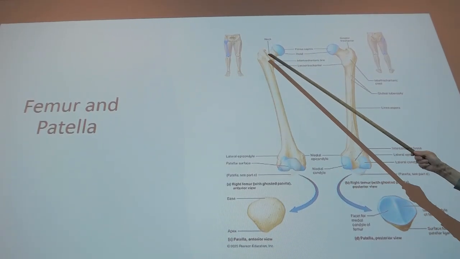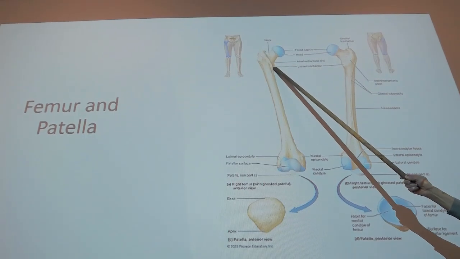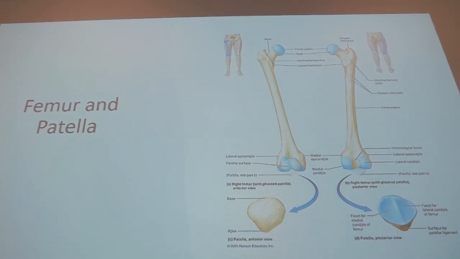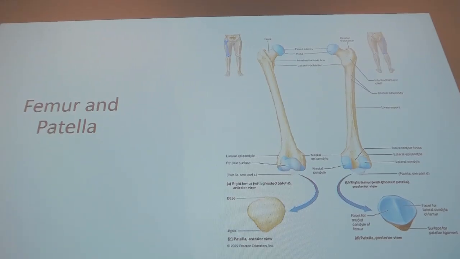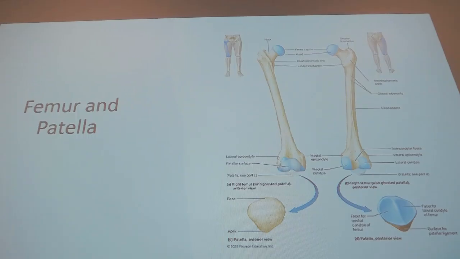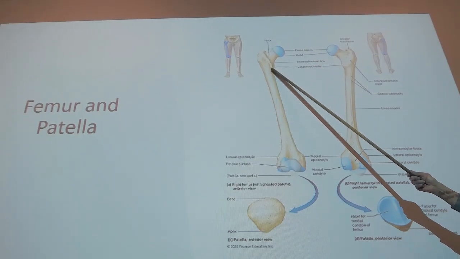And then we have 2 rough projections that are called the trochanters. Just like we have tubercles in the humerus, we have trochanters in the femur. It's the equivalent, but they have a different name in the femur. So this is the greater trochanter, and this is the lesser trochanter.